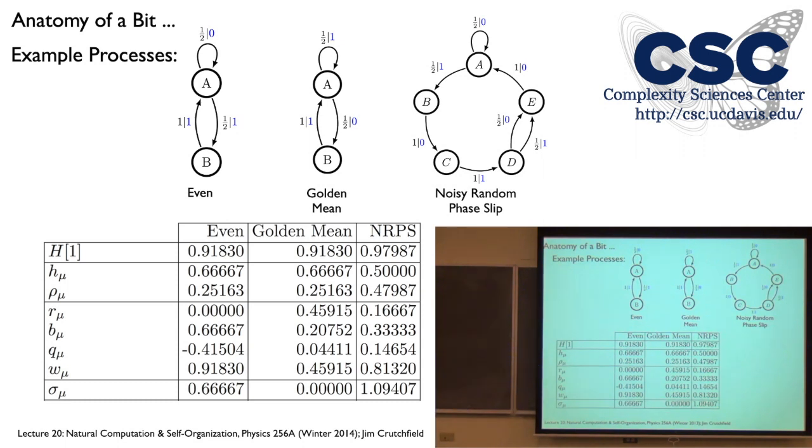Yeah, great. Sure. R mu over H1 in the golden mean process is 1/2. So is it exactly 1/2? For the golden mean, I can find out. Yeah, add them up. W mu. I don't know what to think about that.